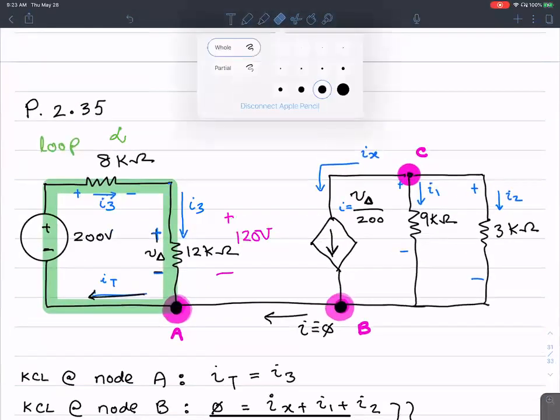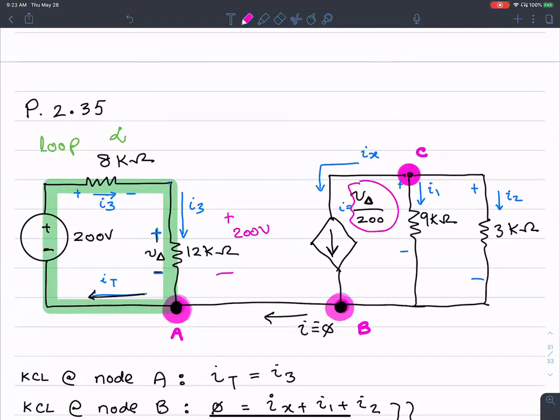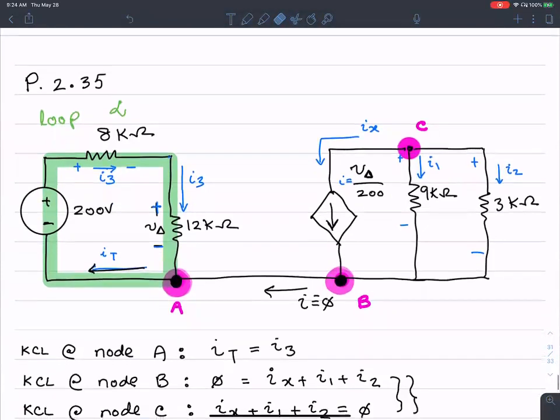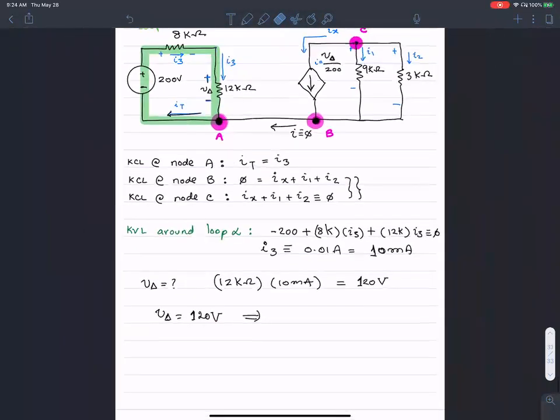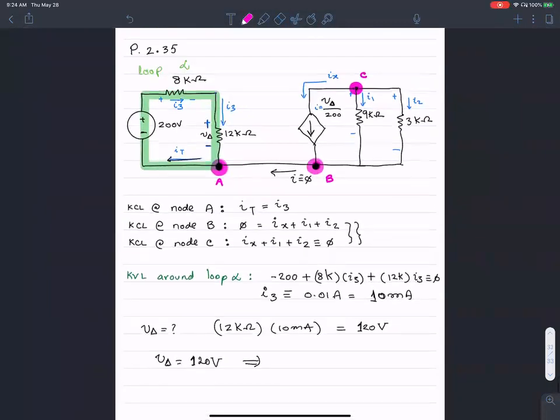If V delta is 200 volts, the current Ix is going to be 200 over 200. So that's the idea: V delta is this guy. Once we know V delta, I should be able to calculate Ix, which is V delta over 200, which comes out to 120 over 200, or 0.6.